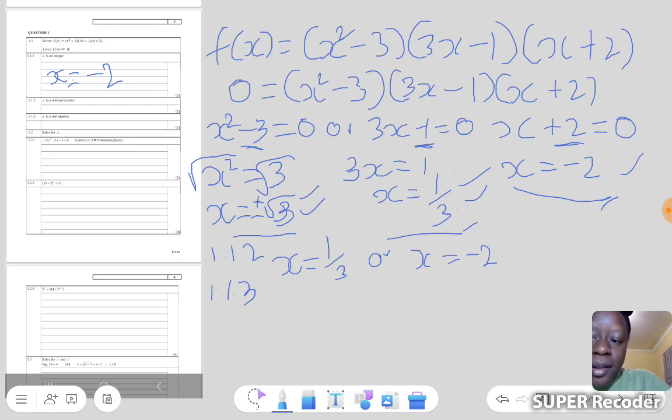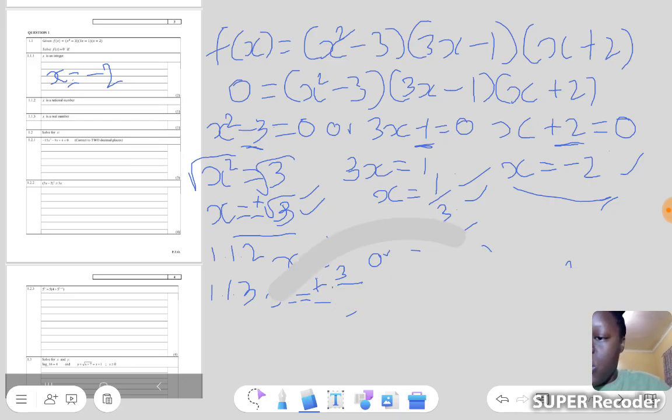So our answer for 1.1.3 here would be x is equals to plus or minus root 3, or x will be equals to 1 over 3, or x is equals to negative 2. So we are done with 1.1.